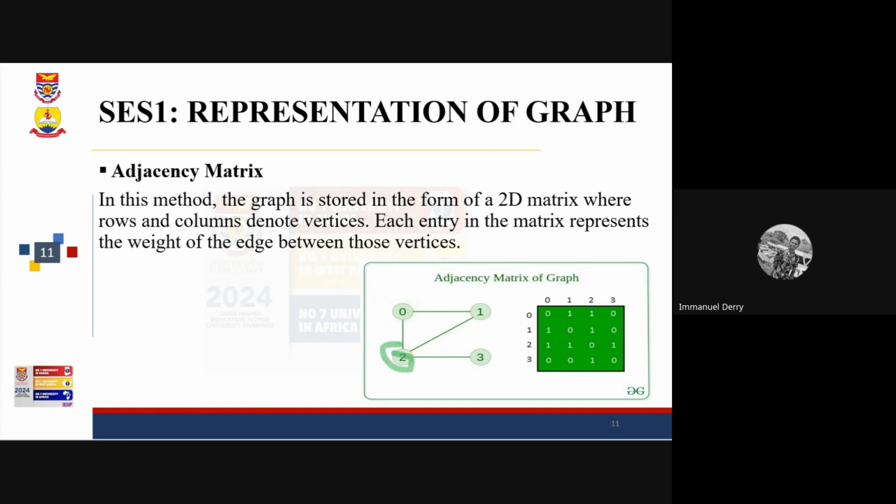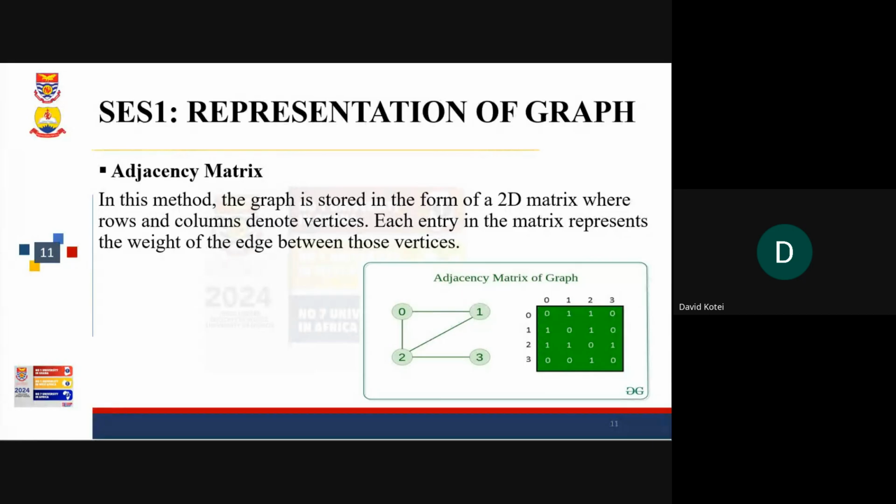Do we have an edge connecting 0 and 2? Yes, that is also true. However, vertex 0 and 3, there's no edge connecting it, so the weight is represented as 0 as well. Are we clear?